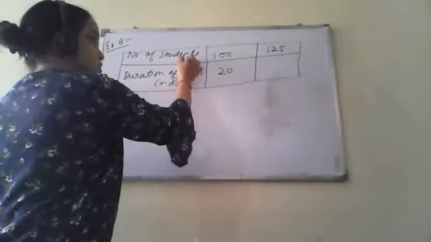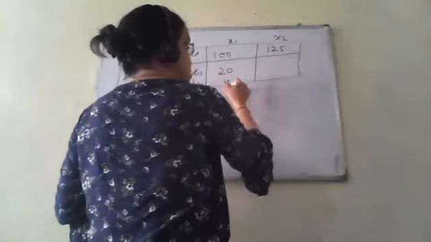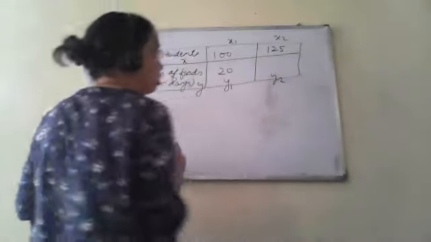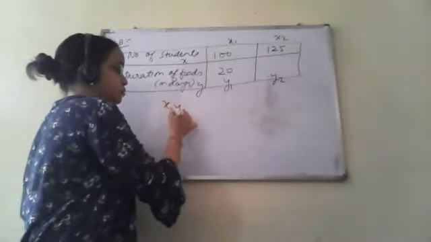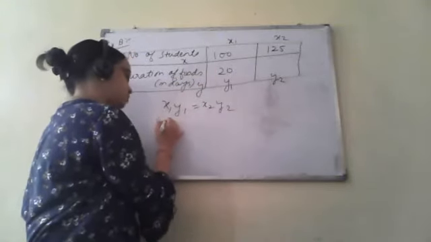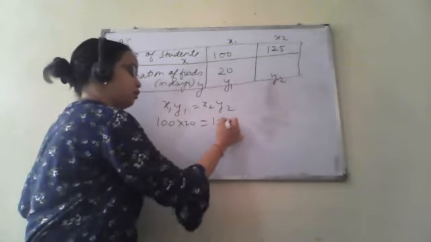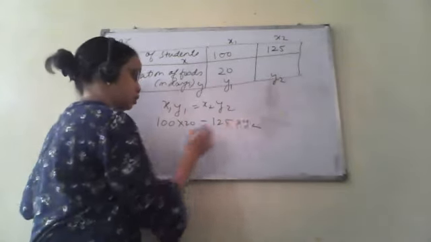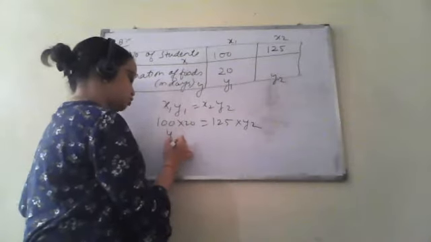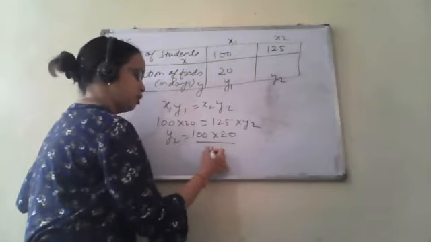So again this is our x, this is our y, this is x1, x2, y1, y2. What we have? We simply have x1 y1 equals x2 y2. That means 100 into 20 equals 125 into y2. So y2 will become 100 into 20 upon 125.